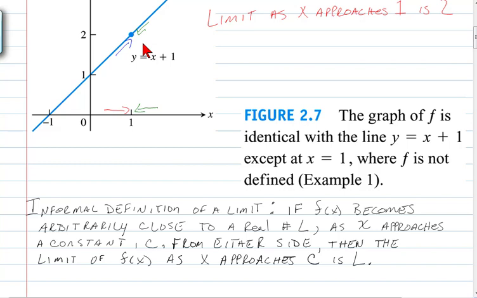Now, there's a couple of problems that make this an informal definition. First of all, what does this mean, arbitrarily close? Well, it depends. Are we talking nuclear warheads or molecular physics? Close can be one thing in one set of situations or another.